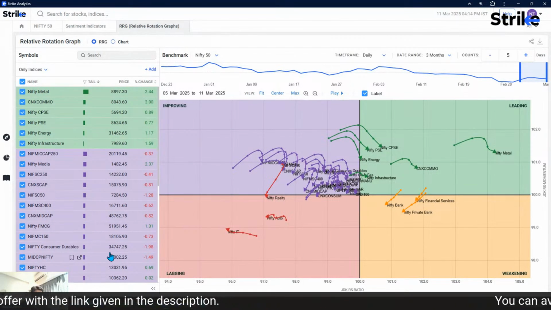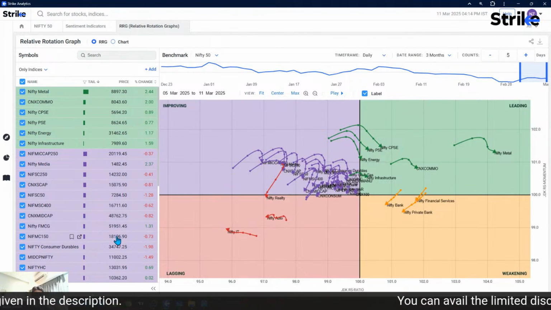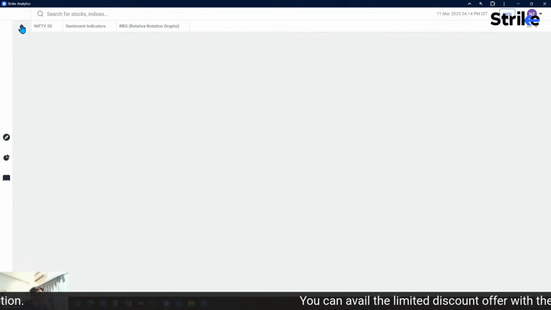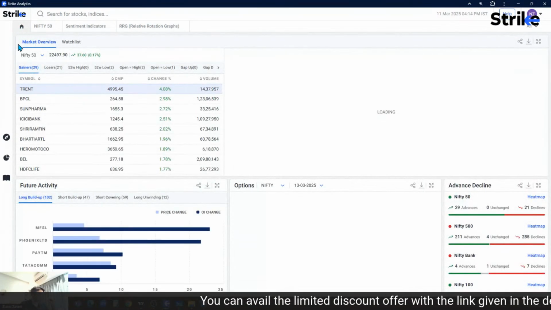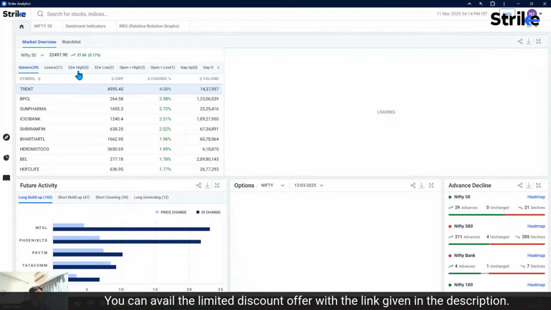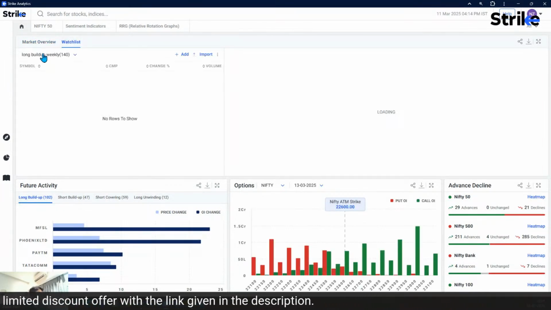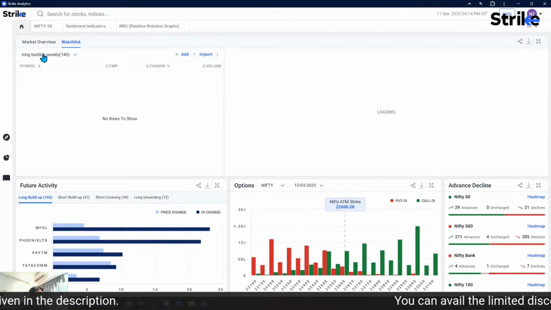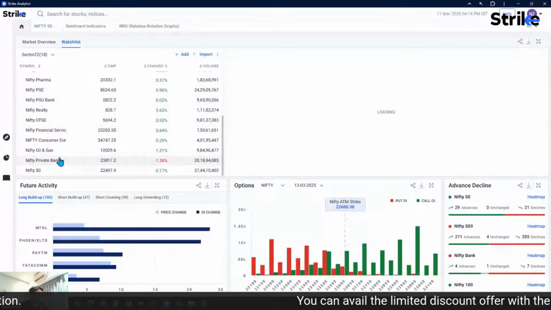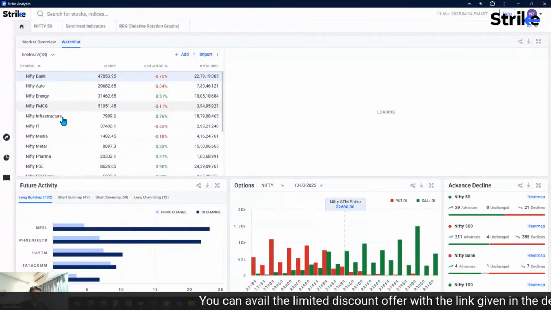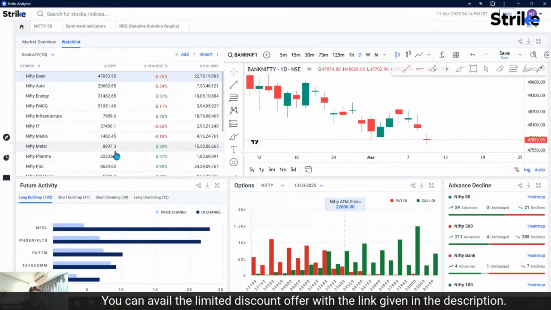But as of now, what you can do is go to the home section, and in the home section, you can create a watch list, where I have created like this over here. I have taken these 18 sectors and customized this software manually.